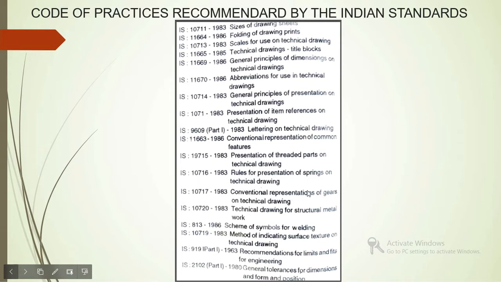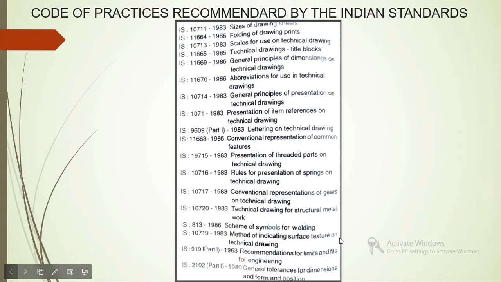Conventional representation of gears in technical drawing: what type of gears we use is available in Indian standard 10717. Technical drawing of structural metal work is available in Indian standard 10720. Schemes of welding symbols like arc and fillet weld symbols are standardized in Indian standard 813.